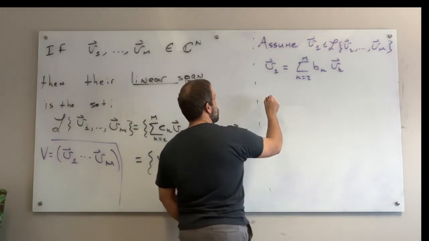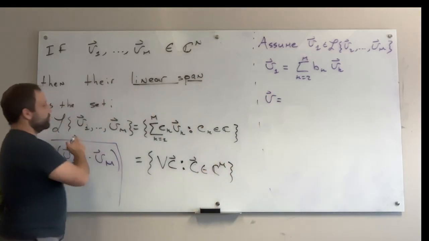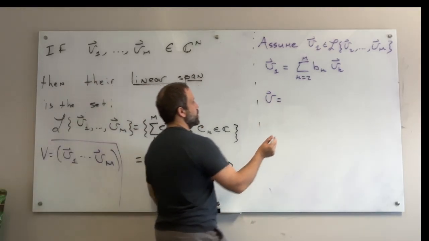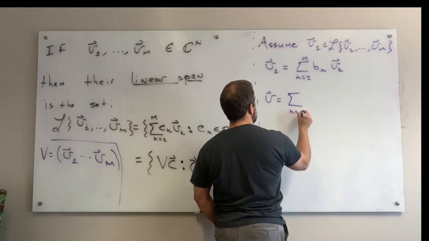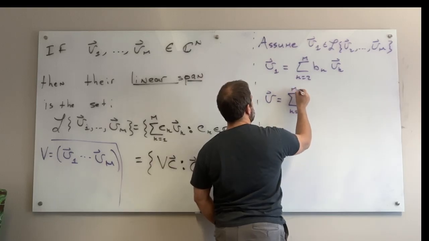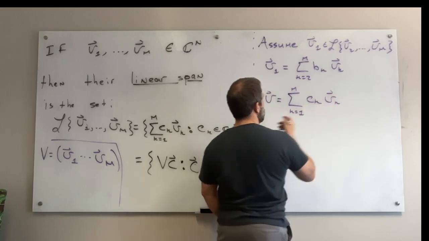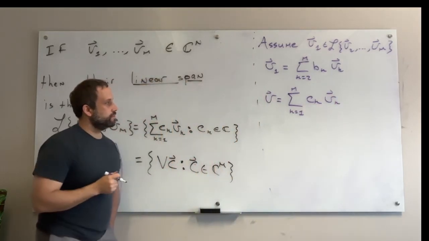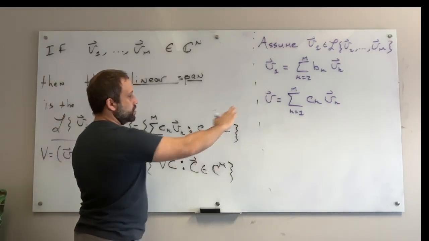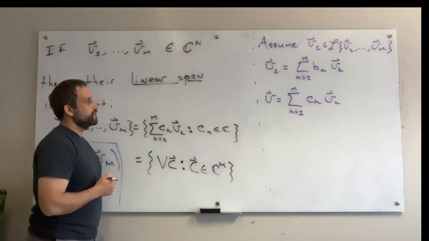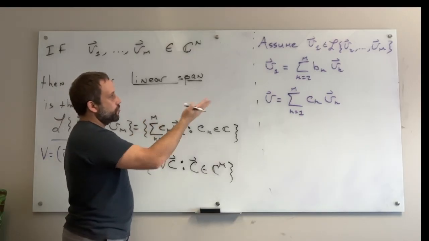So let's say I have a vector v that is in the linear span of v1 through vm. This, in other words, is equal to the sum k equals 1 to m of ck vk for some choice of scalars ck. Now notice what I can do. So I have this right here. This is one way that I can express v as a linear combination of the vectors v1 through vm.